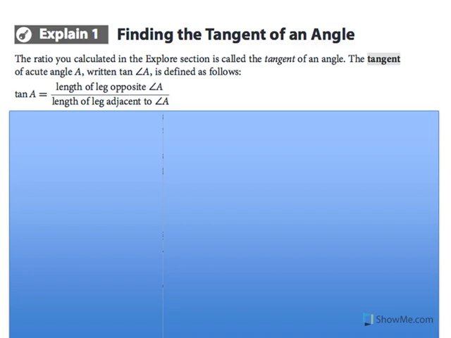Finding the tangent of an angle. The ratio you calculate in the Explore section is called the tangent of an angle. The tangent of an acute angle A, written tangent of angle A, is defined as follows. So let's go back to our right triangle. Here we're given our right triangle, angles A, B, and C, and angle C is a right angle.